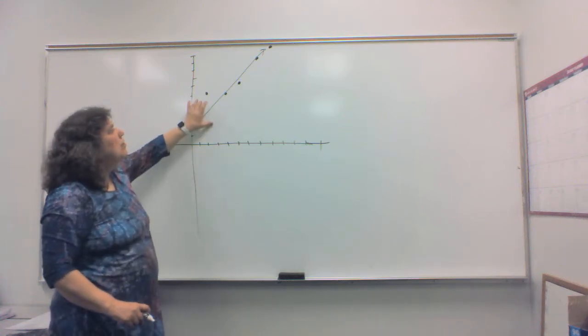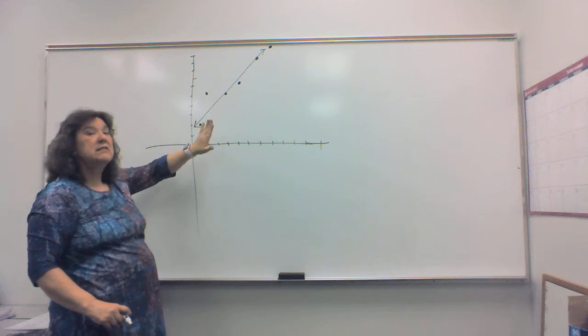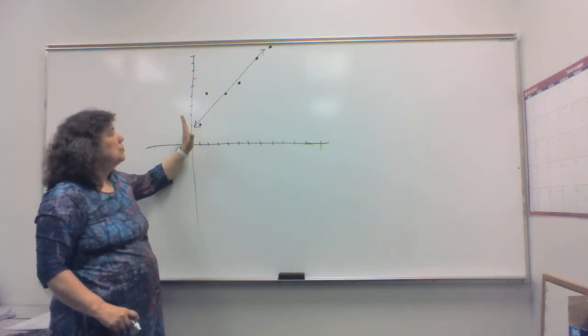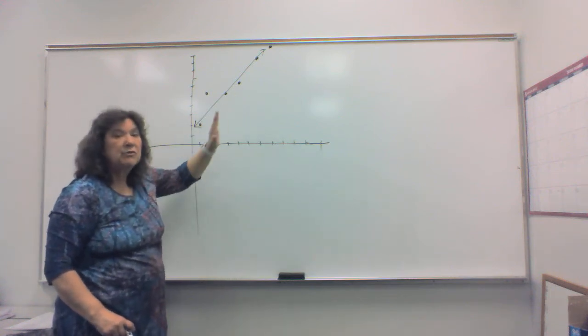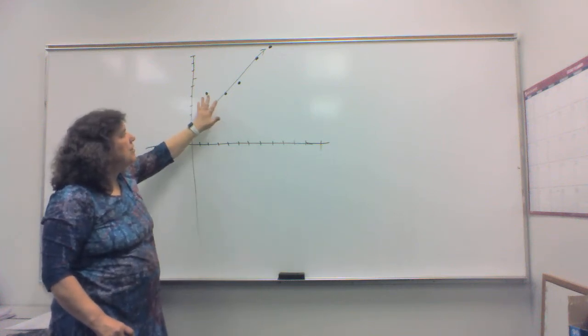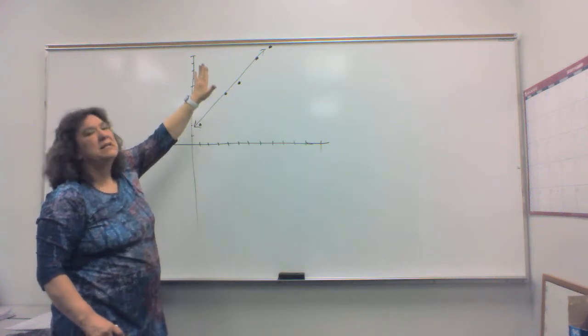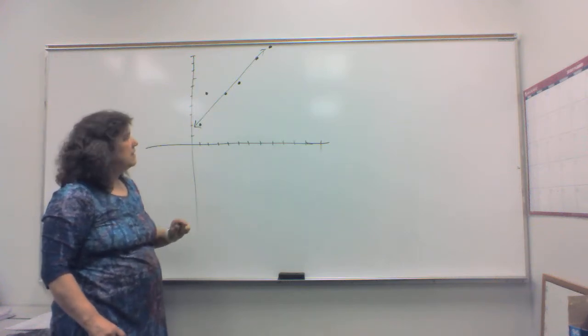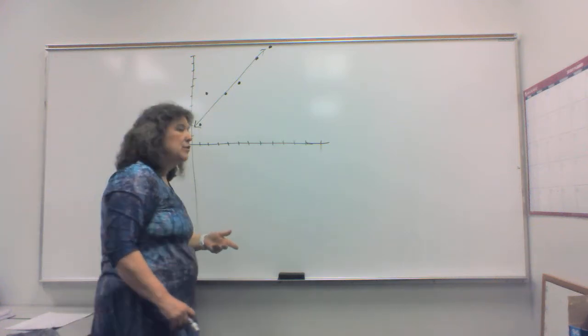So this would be called a positive correlation because your line is increasing as you move from left to right. And you can see that they're not all on the line, but it has a general direction like that, okay? So now let's look at another one.